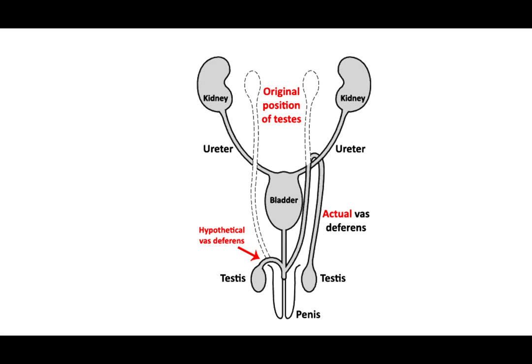You can see here a diagram that shows you where the kidneys are and the bladder. You can see the ureter that connects the kidney to the bladder. And sketched with the dotted line is the original position of the testes, up close to where the kidneys are.